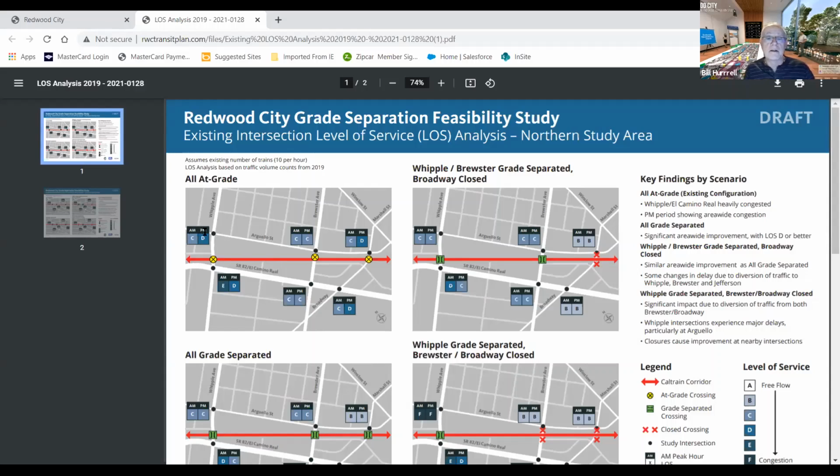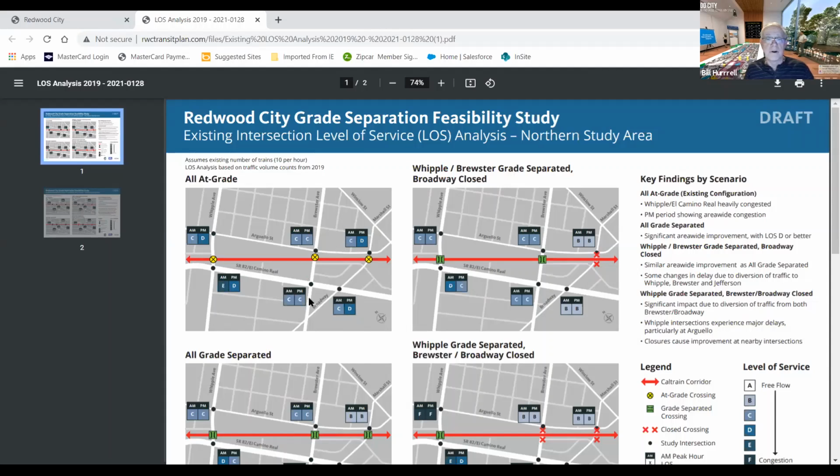So right now you can see most of the locations are C or D. In the AM is the first letter, and then PM is the second one next to it. So for example, at Arguello and Brewster right now, it's a C in the morning and a C in the afternoon. Right now, the worst location on this map is El Camino at Brewster, which goes to E in the morning and D in the afternoon.